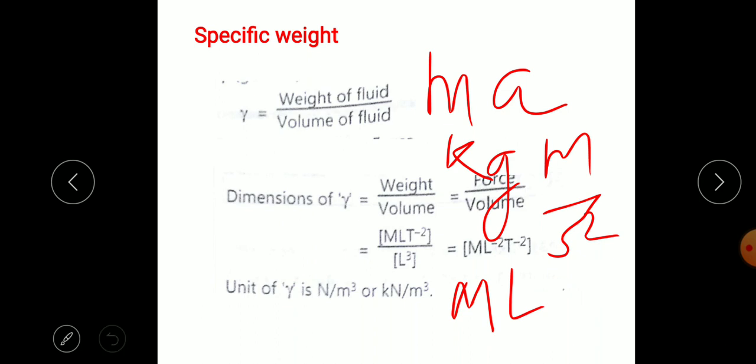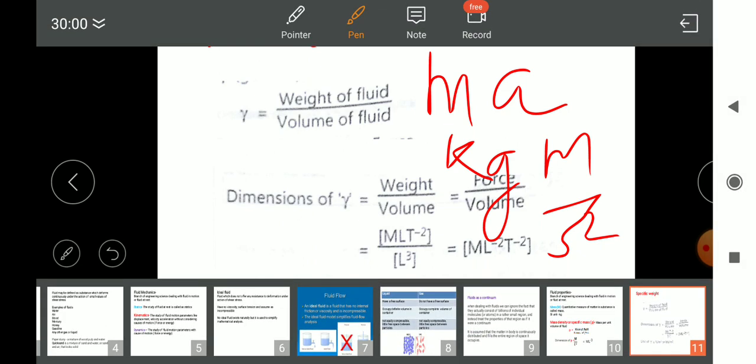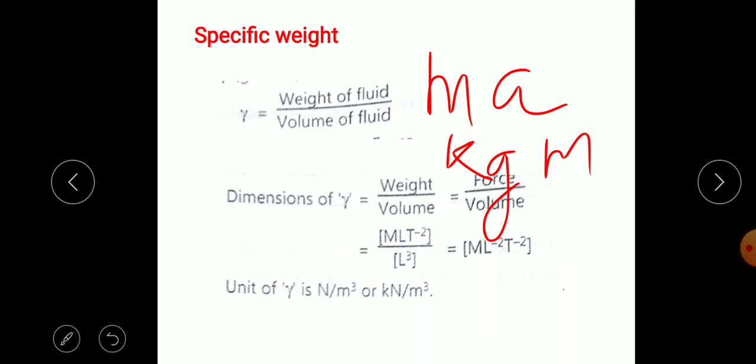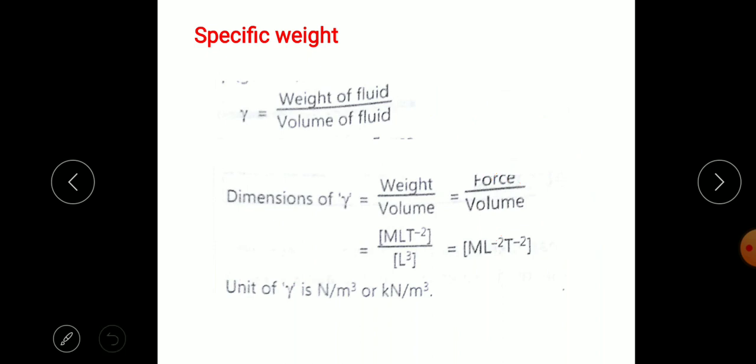So for force we replace its dimensions as mass, length, T raised to minus 2, and volume is L cube. So cancelling, we get M L raised to minus 2 T raised to minus 2.